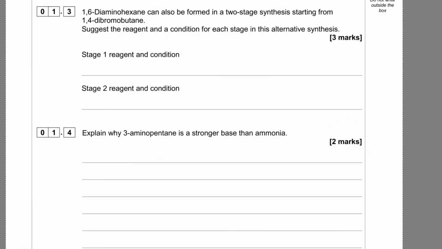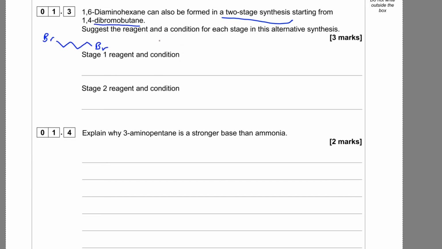Right, so here we are at part 3. So 1,6-diaminohexane can be formed in 2-stage synthesis. So we should be really thinking about the cyanide synthesis from this because we're starting from 1,2-dibromobutane. So if you just drew these out, they are so 1, 2, 3, 4 with a bromine at that end, and we want to get 6 carbons in here. 1, 2, 3, 4.